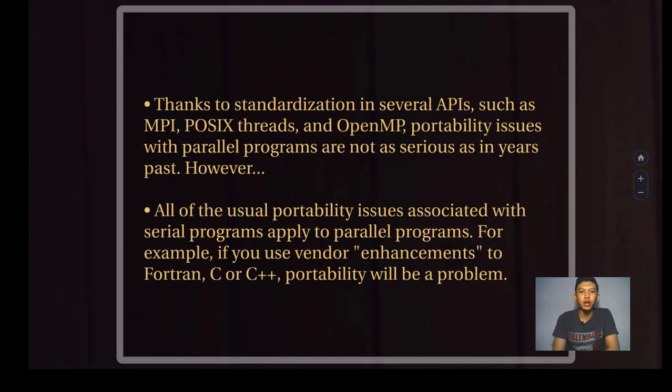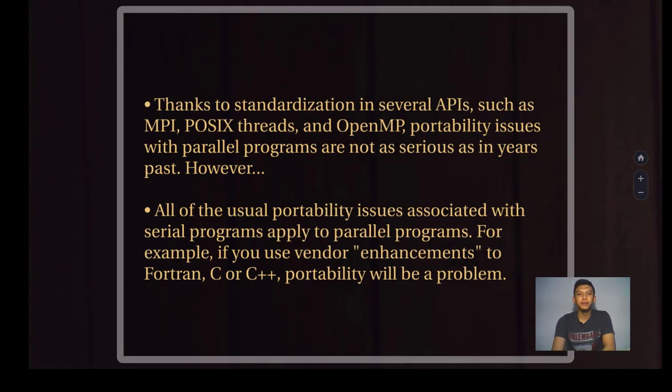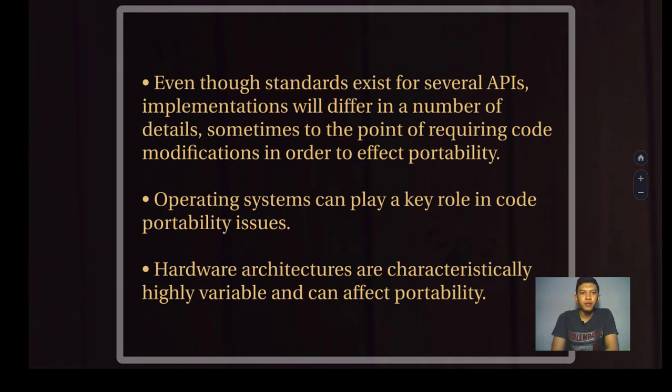For example, if you use vendor enhancements to Fortran, C or C++, portability will be a problem. Even though standards exist for several APIs, implementations will differ in a number of details, sometimes to the point of requiring code modification in order to effect portability.